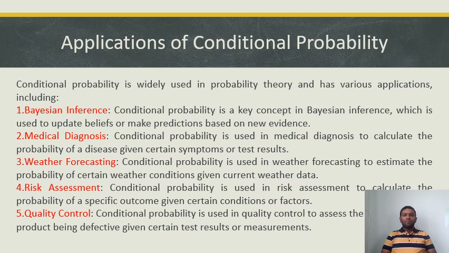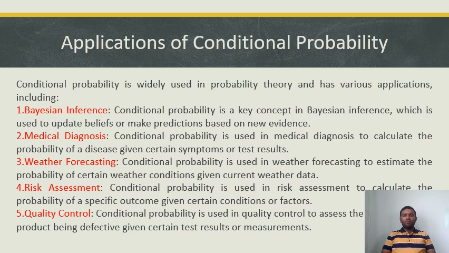Weather forecasting: conditional probability is used to estimate the probability of a certain weather condition given current weather data. Risk assessment: conditional probability is used to calculate the probability of a specific outcome given certain conditions or factors.